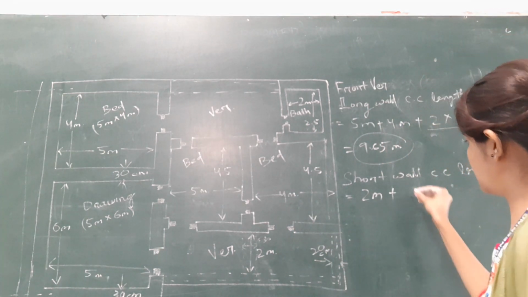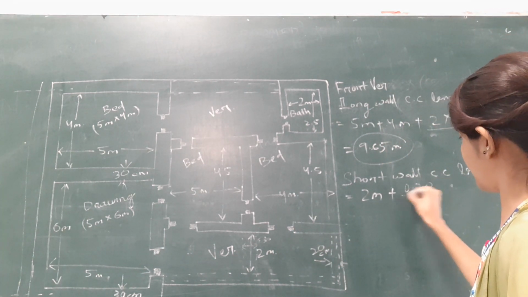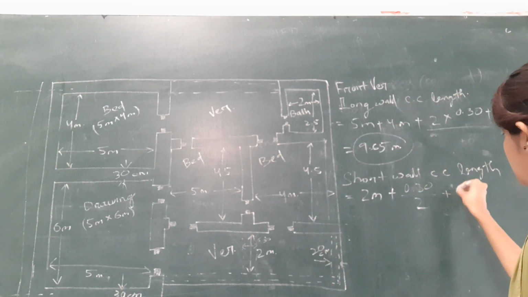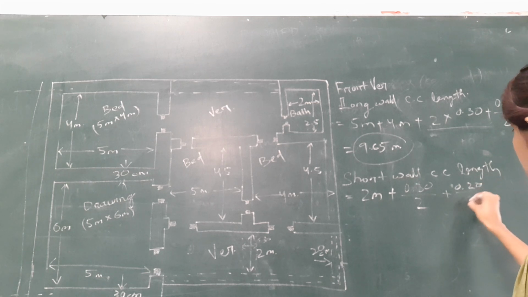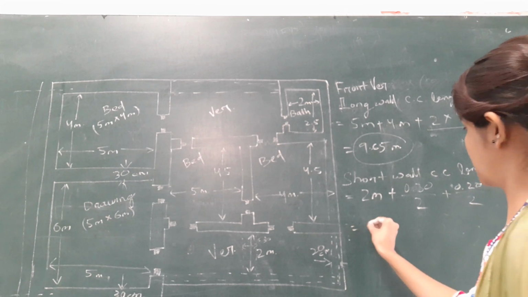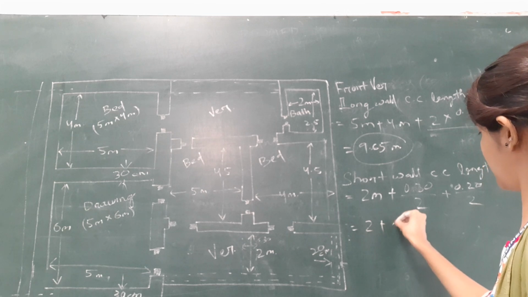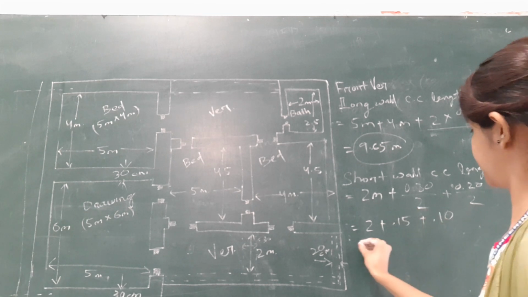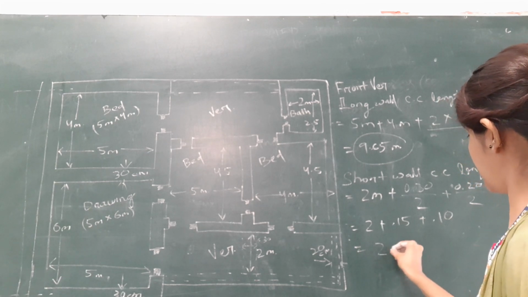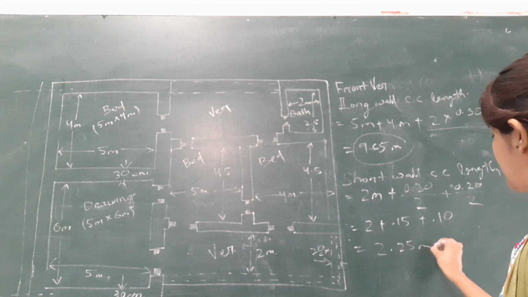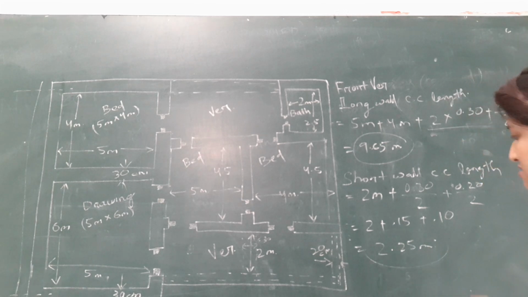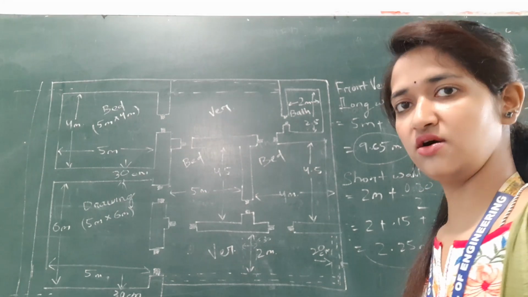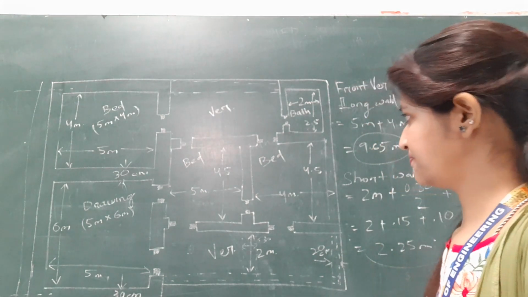So what can we write? 0.30 by 2 for this thick wall, and for the other side 0.20 by 2, right? 2 plus 0.15 plus 0.10 equals to 2.25 meter, okay. This is the center to center length for the short wall or side wall of this, okay.